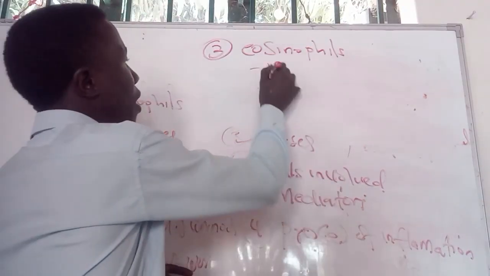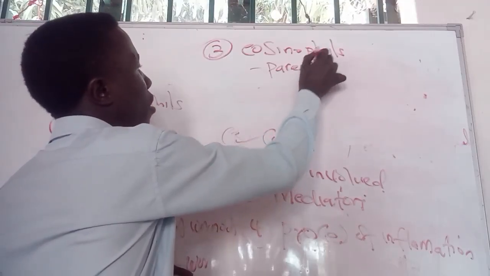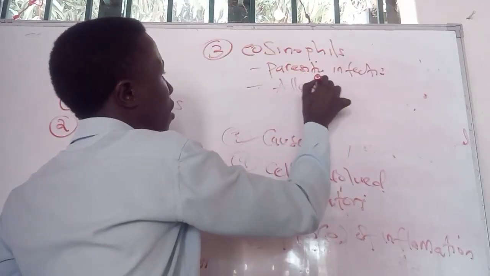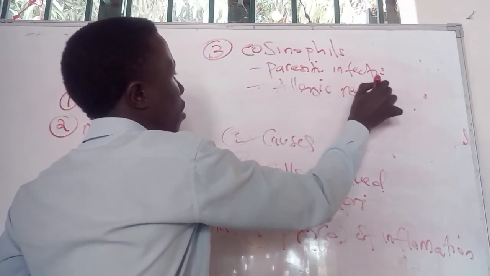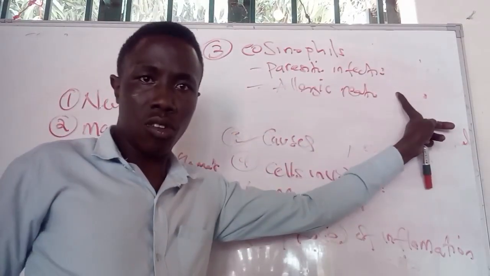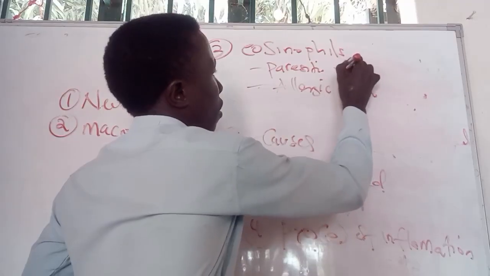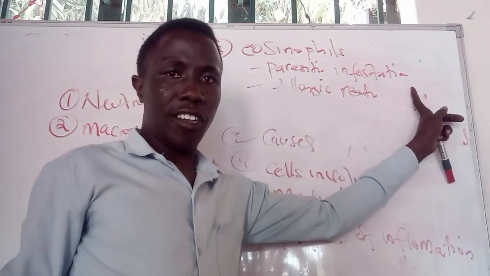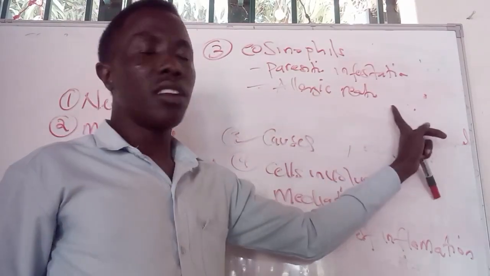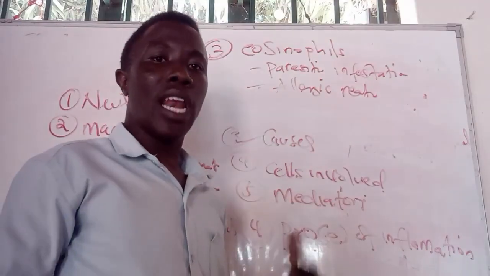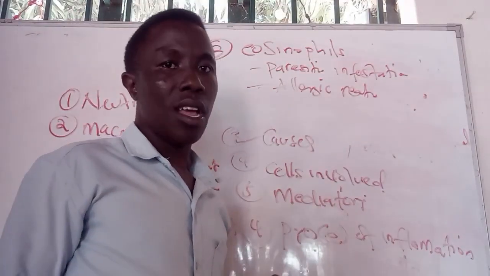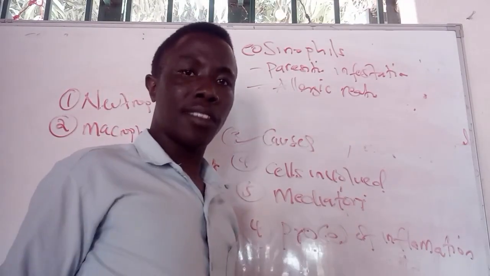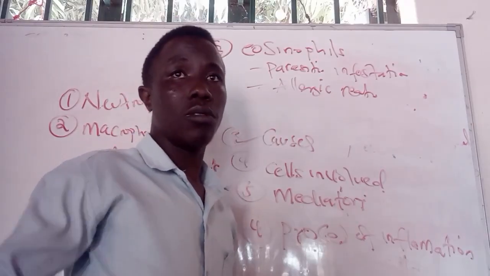So when there is any parasitic infestation or allergic reaction, you will find these eosinophils elevated. They help also in phagocytosis, and there are markers during CBC that indicate that the patient should be having some parasitic infection or allergic reaction.